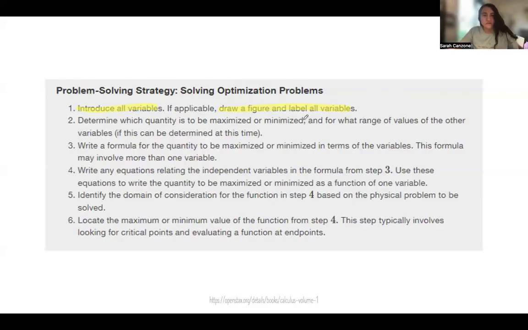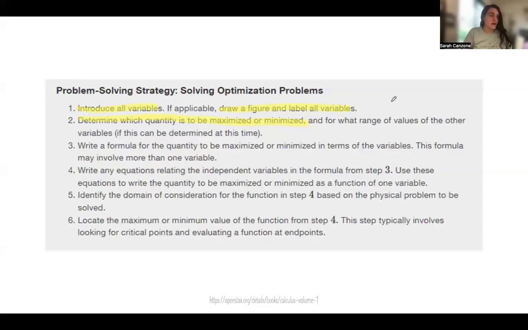After we do that, we can determine what exactly we are maximizing or minimizing. It's very important that we do this because what we are maximizing or minimizing is going to be the equation that we're taking the derivative of. There will be times when we need to create two equations to relate variables, and we're only going to take the derivative of one of them.